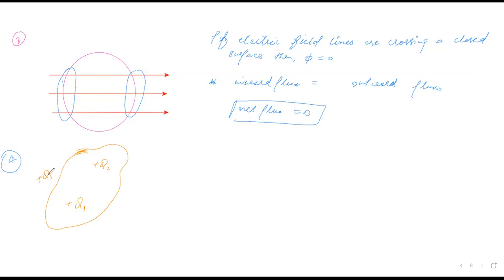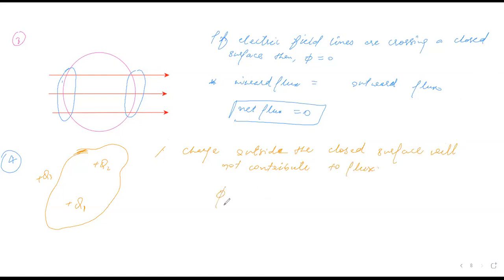Finally, we can say the net flux through the charge Q3 will be 0, or you can also say the charge outside the closed surface will not contribute to the flux.